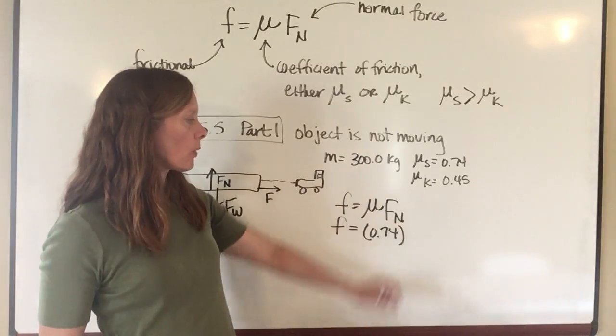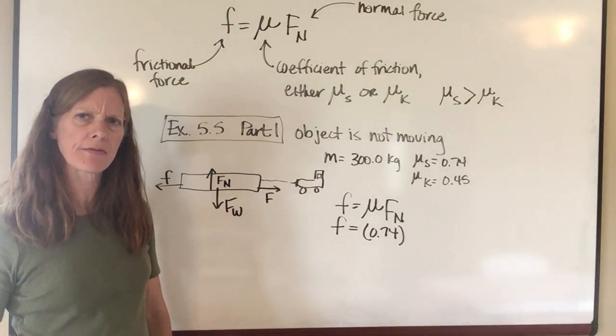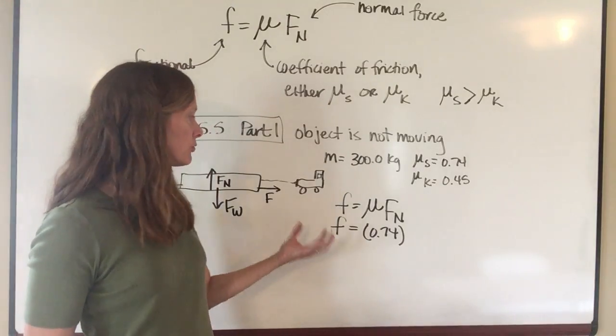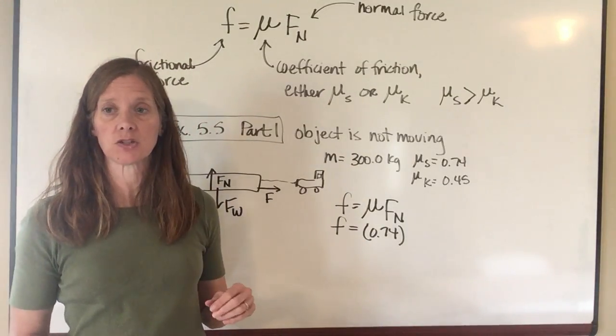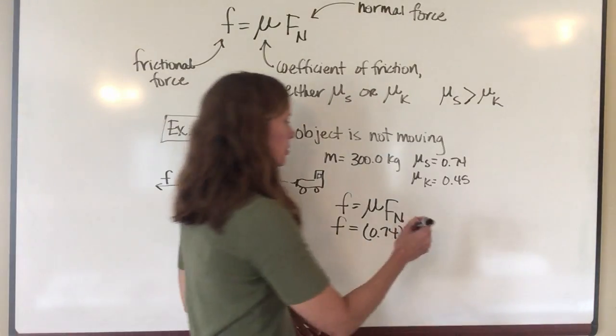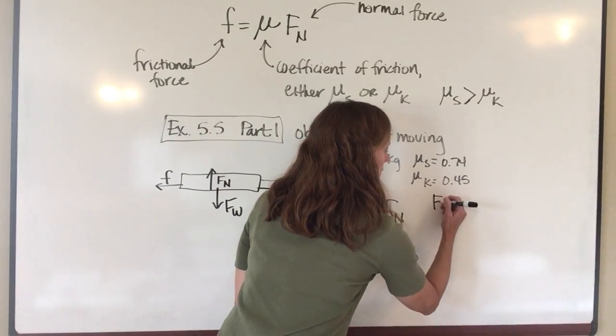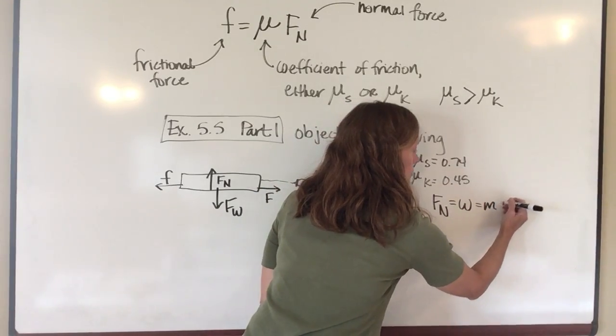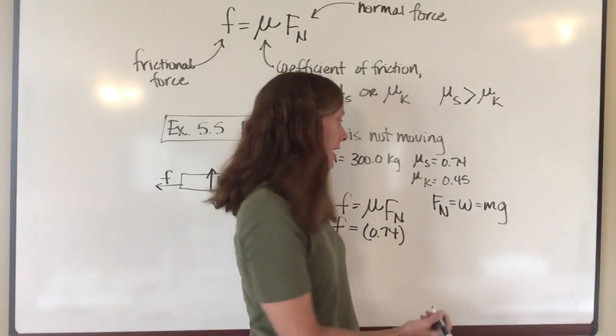Then I need to know what the normal force is. Well, how did I find the normal force before? Well, I said the normal force is equivalent in magnitude to the weight. So therefore, I need to find the normal force, which is going to be equivalent to the weight, which is going to be mass times gravity.